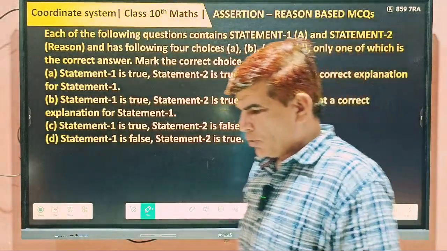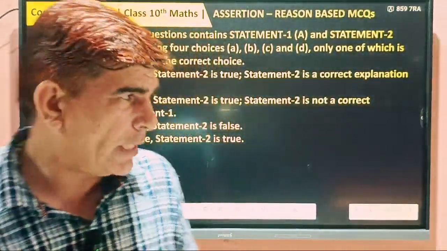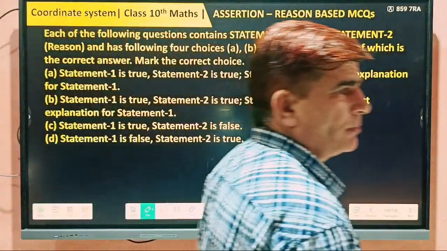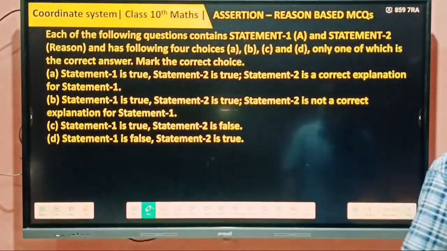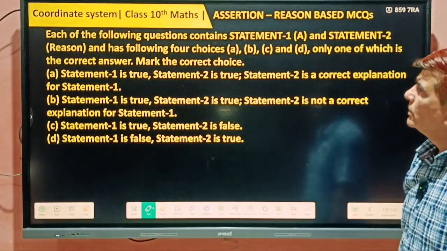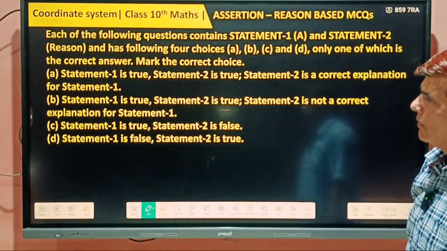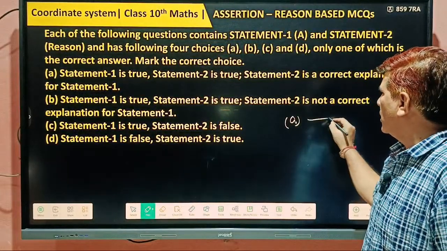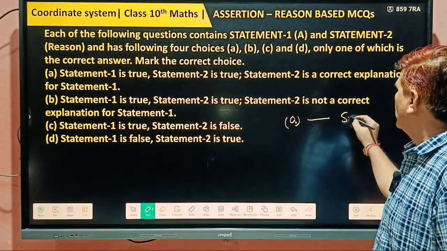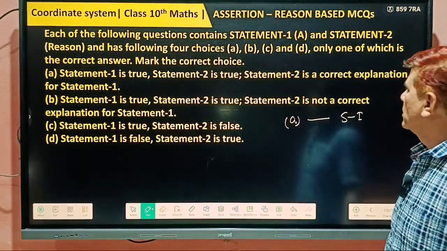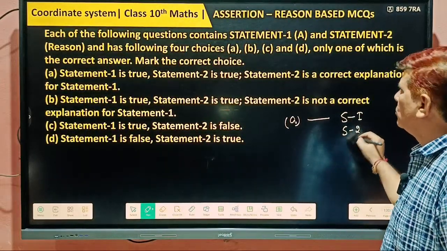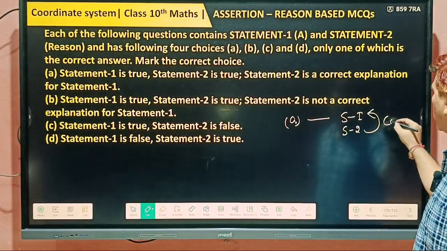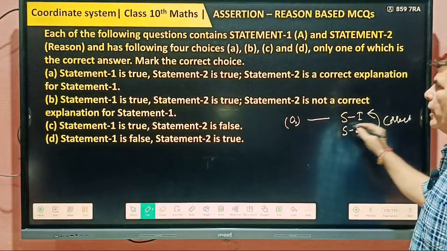the next portion of this question is based on assertion and reason based MCQs. Here 4 options are given. First, A is your answer if statement S1 is true, statement S2 is also true, and S2 is the correct explanation of S1.